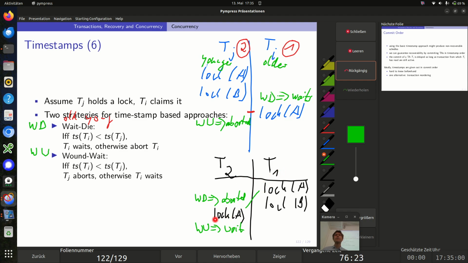So we have the precondition does not hold. Currently we check whether the timestamp of T2 is smaller than T1. This is false. So what happens? The first line is important: assume Tj holds the lock and Ti claims it.